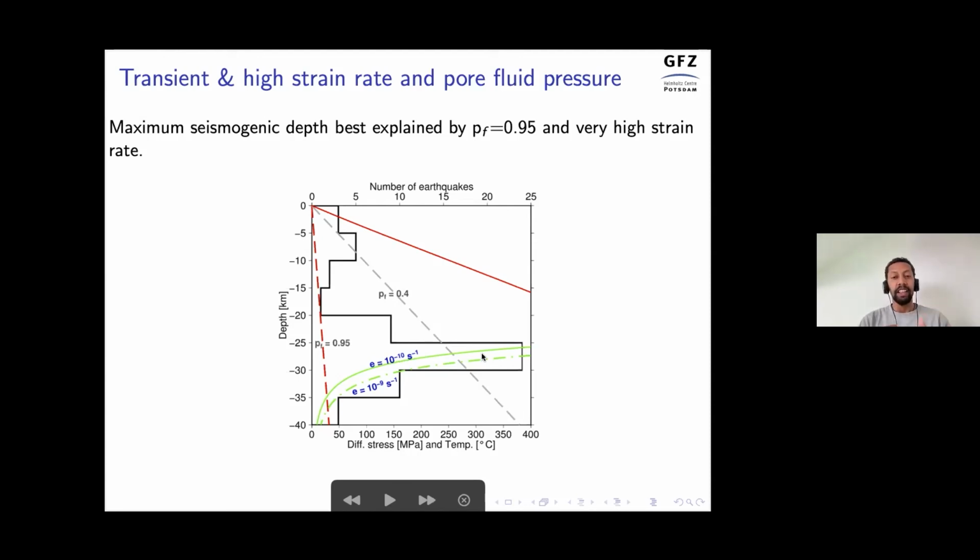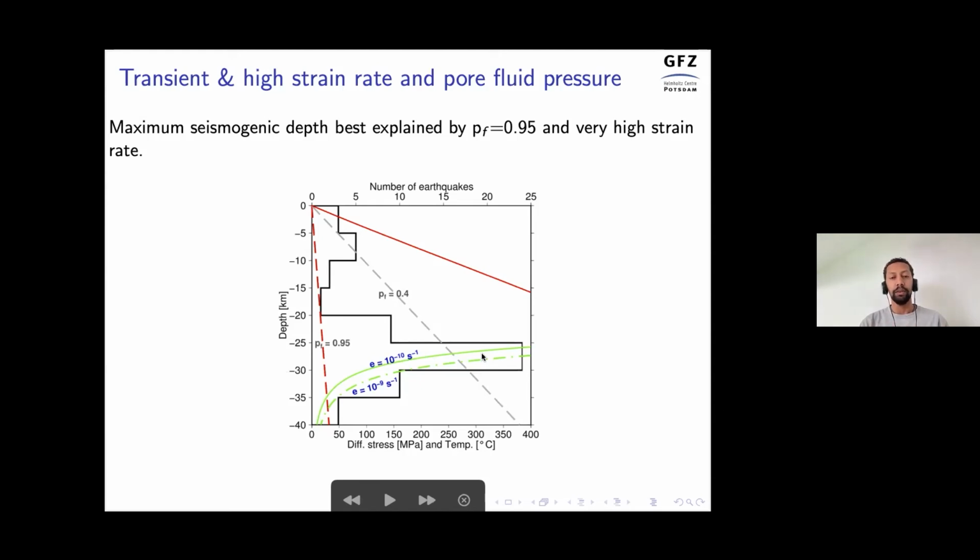But a theoretical, ideal combination of very high shear strain rate and pore fluid pressure can explain lower crustal seismicity. So the rheology doesn't explain it.